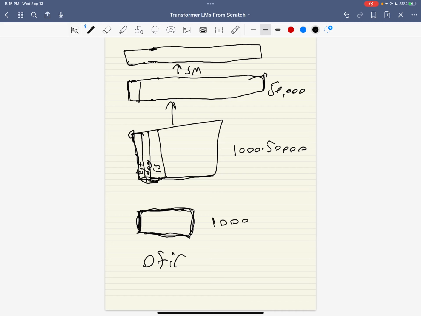The first logit, the first number here, is going to be the product of cat times Ophir, and that's going to represent the model's belief that the next word is going to be cat, and that might be, let's say, 50, right? And then the second number is going to be dog times Ophir, representing the model's belief that the next word is dog, so that's going to be 49, let's say.